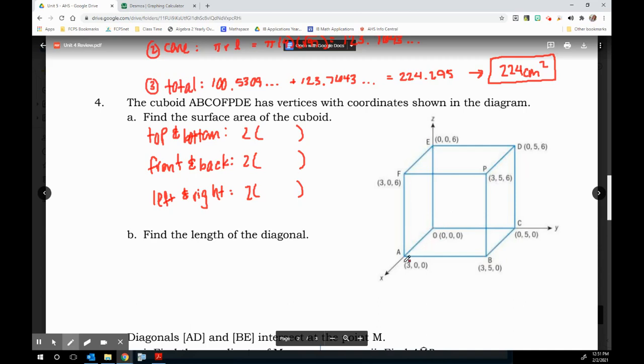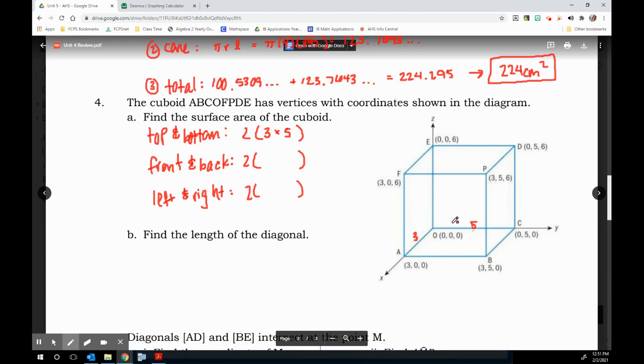I'm looking at a length or an X value of 3, and I can tell that from the A just because it's easiest because it's on the X axis. And it has a width of 5 based on the Y value. So I'm doing 3 times 5 or 5 times 3. Looking at the front piece or the back piece, front might be easier.